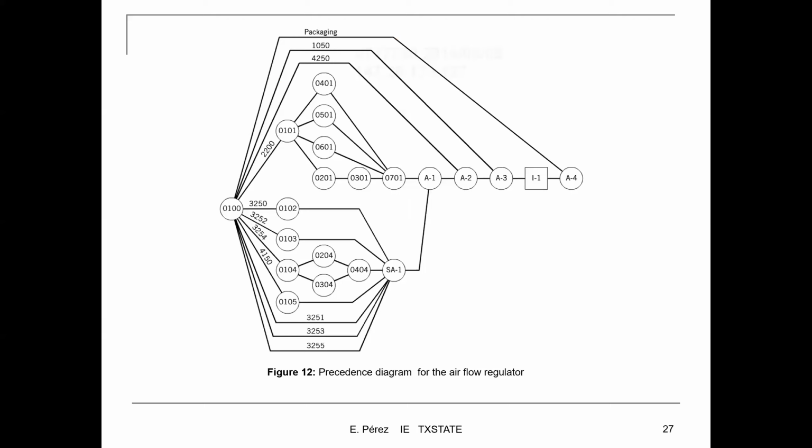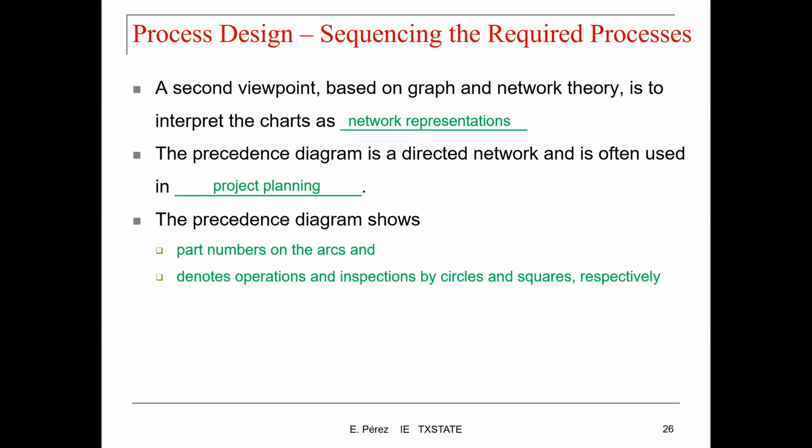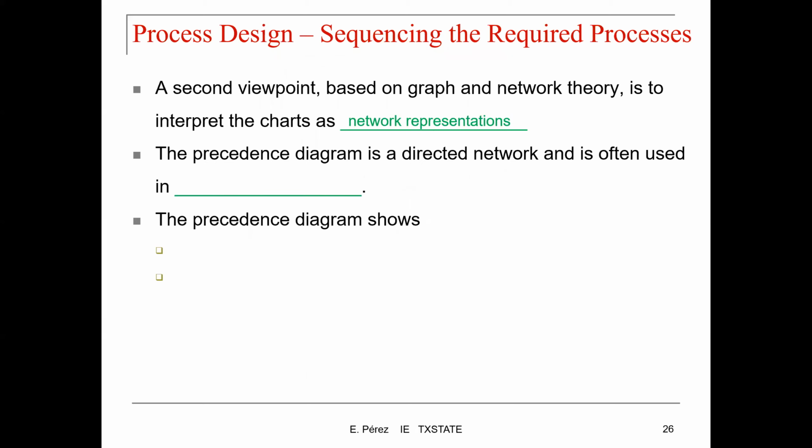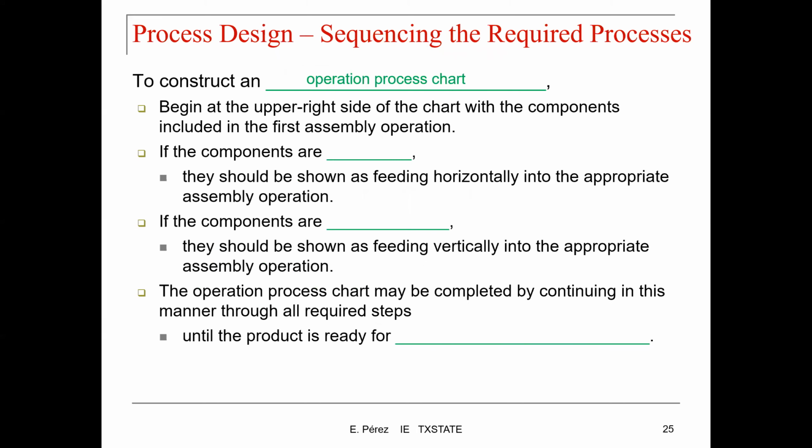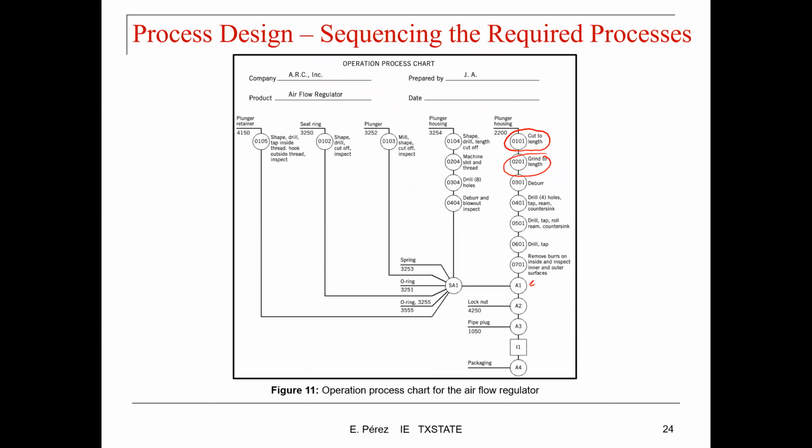For the purpose of this class, we are not going to be using this type of diagram, the precedence diagram, but we have to know how to build and understand how an operation process chart is constructed and what it means, and how it is different from a route chart and an assembly diagram.